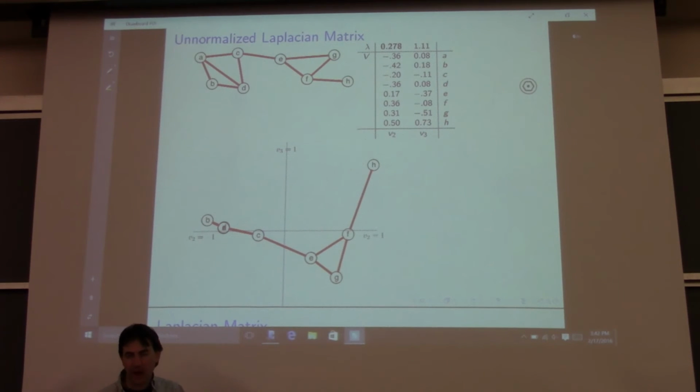This first eigenvector says, what is basically the best way to draw these vertices on a single line? So then if I want to find a cut, I can just look at them in this ordering.